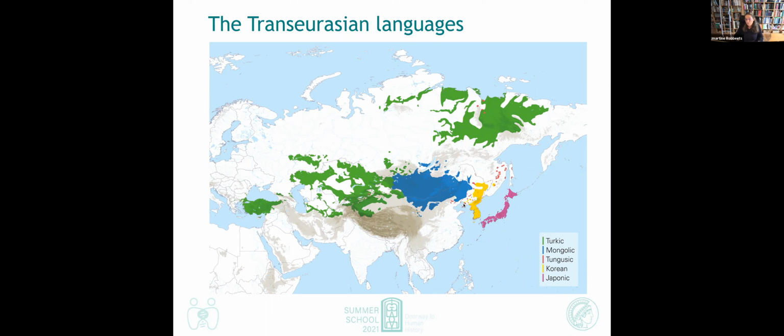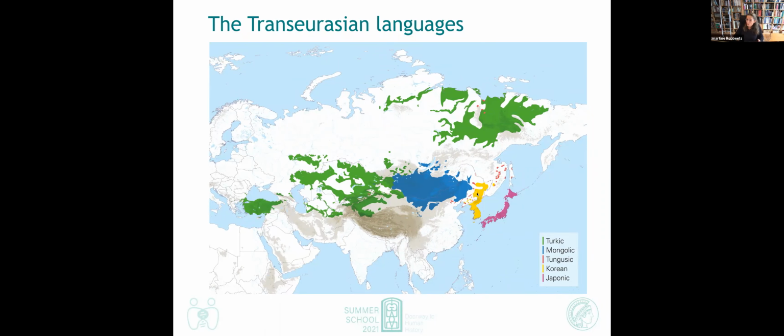And then we have a group of Tungusic languages. These are the little red spots that you see here on the map. Most of these languages are nearly extinct or endangered languages, and they form a Tungusic family. There's also one here, Xibe in Xinjiang, which is a kind of descendant of the Manchu language. And then we have the Koreanic languages.